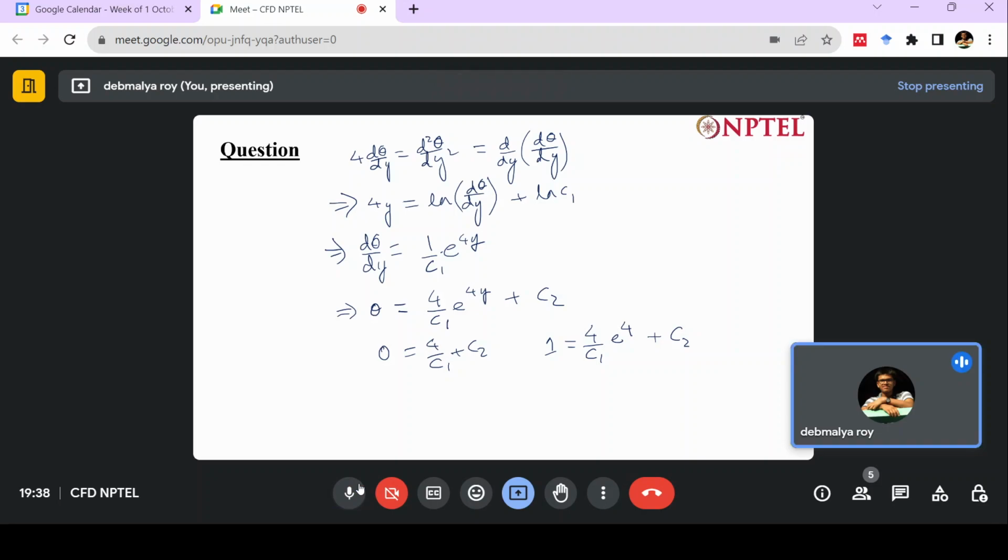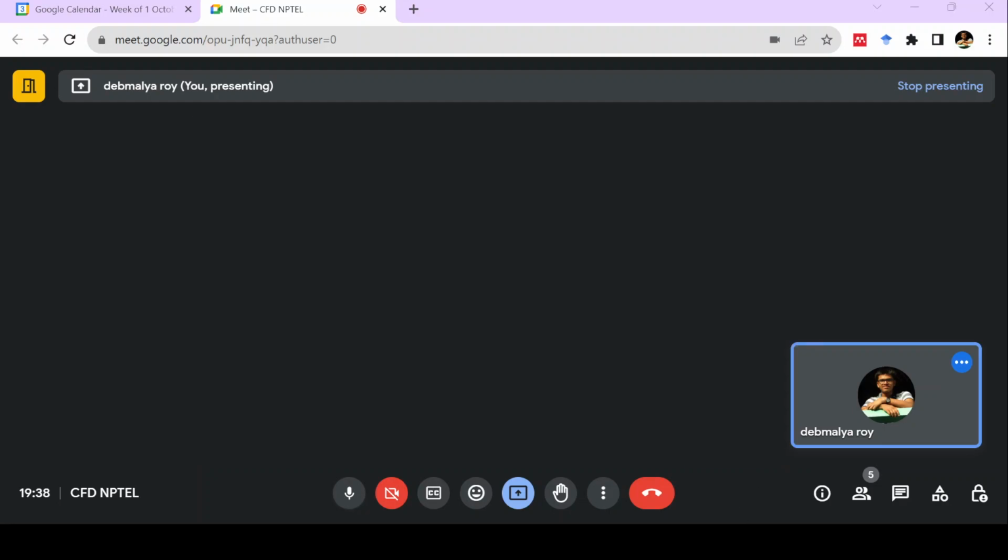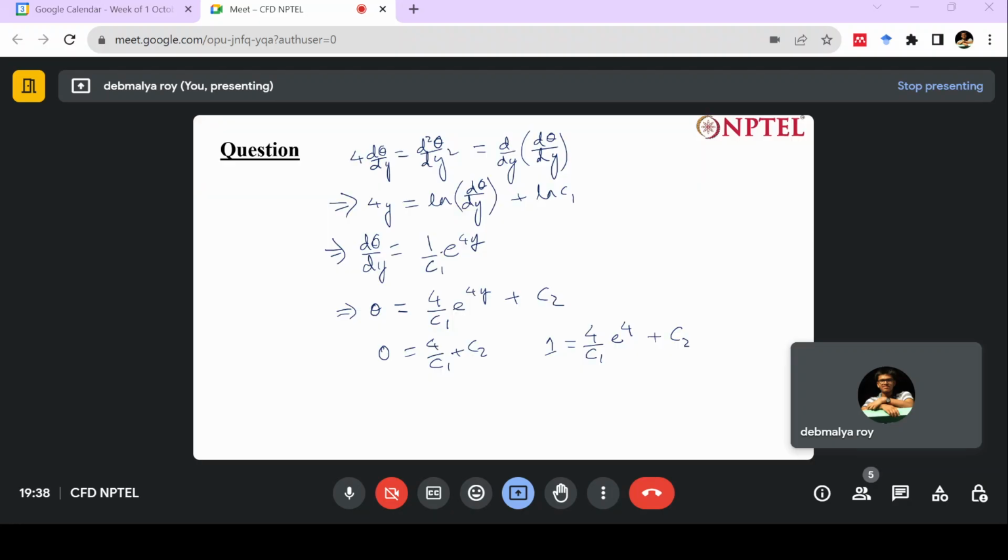Can someone say the final expression so that we move to the next question? So is it correct? I got the value of C1 as 214.39.